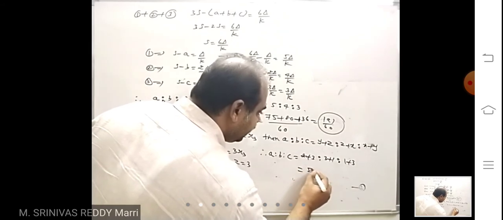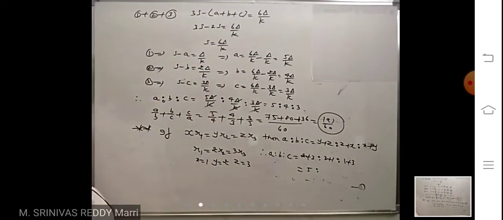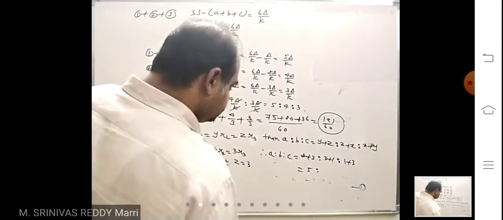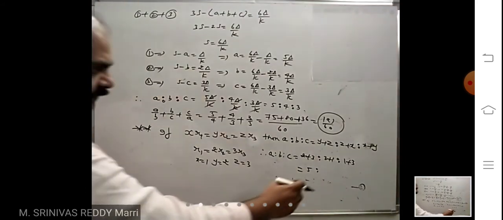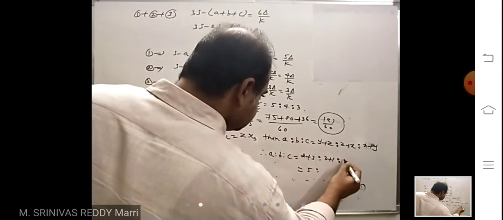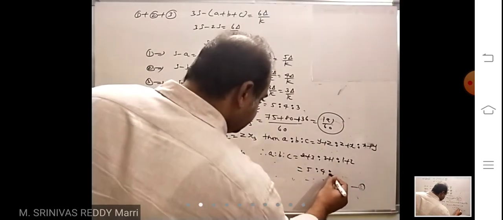That means 5 is to Z plus X, 4, is to X plus Y, that means 1 plus 2. Right, 5 is to 4 is to 3.